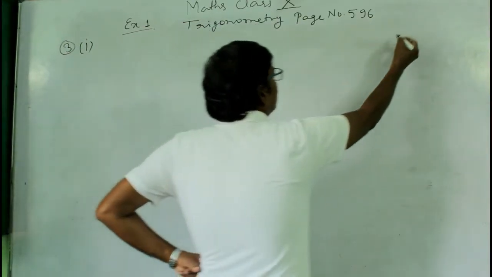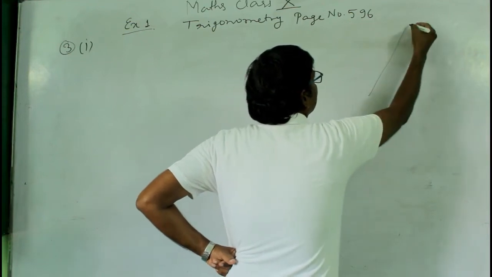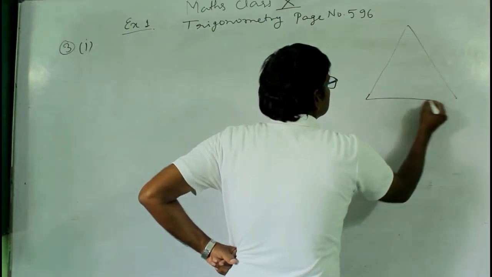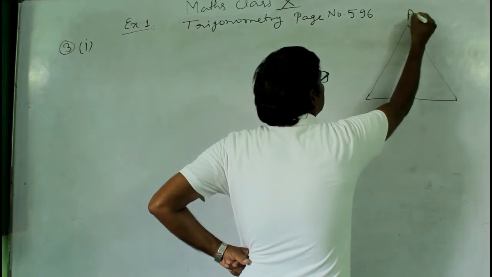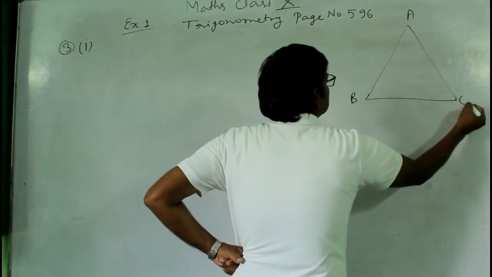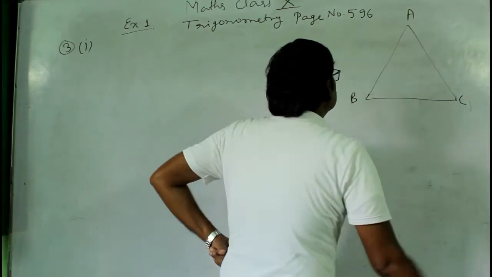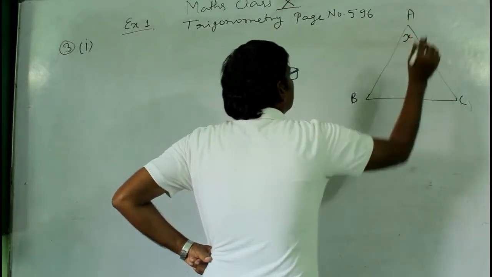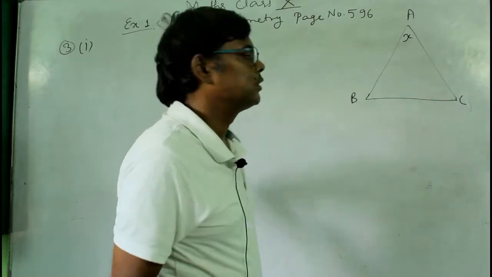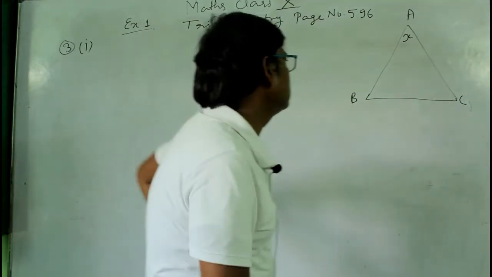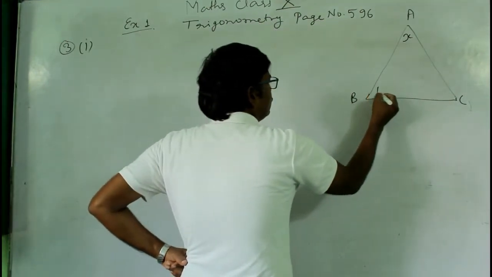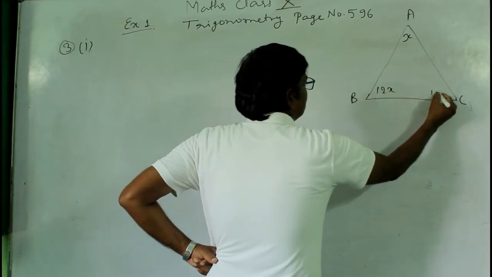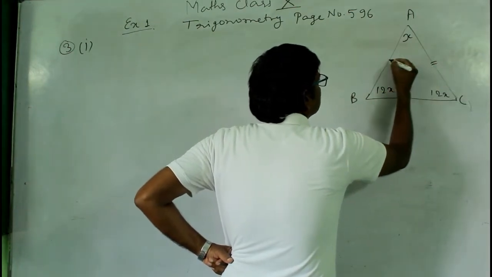First draw a triangle like this, and this is the triangle ABC. Suppose this angle is x, it may be in degrees. Then this will be 12x, and this will also be 12x, because these two sides are equal.